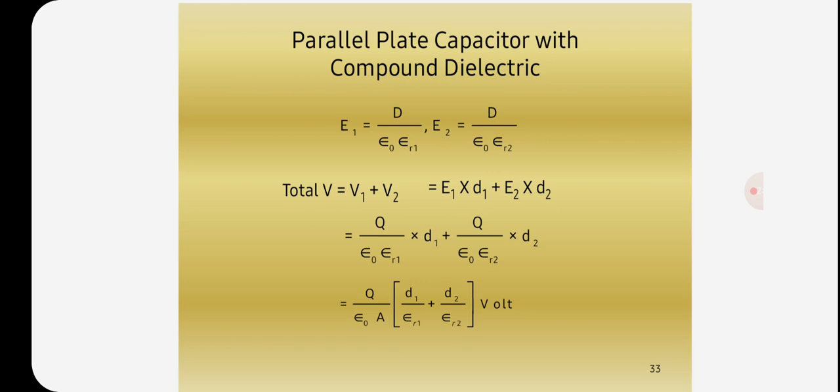Total V is equal to V1 plus V2, that is equal to E1 into d1 plus E2 into d2, that is equal to Q by epsilon naught epsilon r1 A into d1 plus Q by epsilon naught epsilon r2 A into d2. So that is equal to Q by epsilon naught A, taking common, and the remaining is d1 by epsilon r1 plus d2 by epsilon r2 volts.